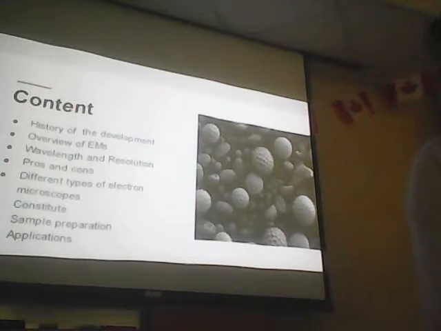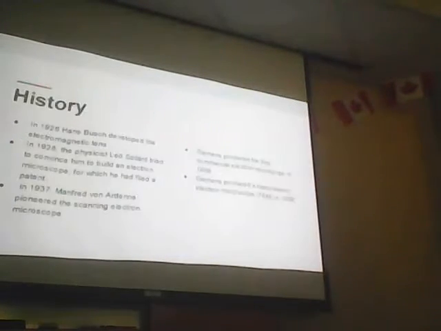The next part is the different types of electron microscopes, and we will talk about their different constituents, and then how to prepare your sample. And then I will show you guys a video about the application of the microscope.